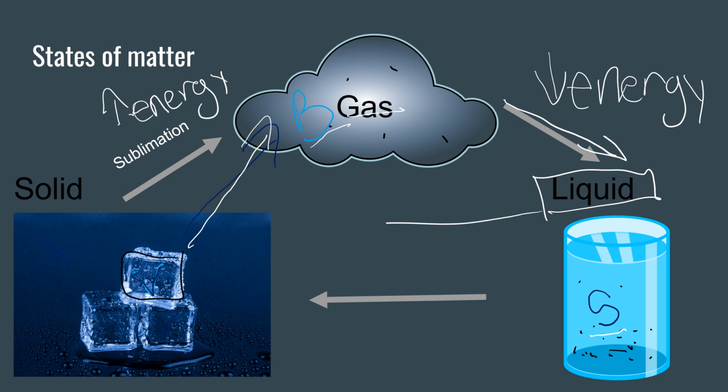Now, if we have a liquid to a solid, now that's a flat line. At least it looks like a flat line. Do you think that it is gaining or losing energy? Now, for this one, you're going to really have to rely on the movement that it's doing. So we've got a sliding liquid to a vibrating solid.